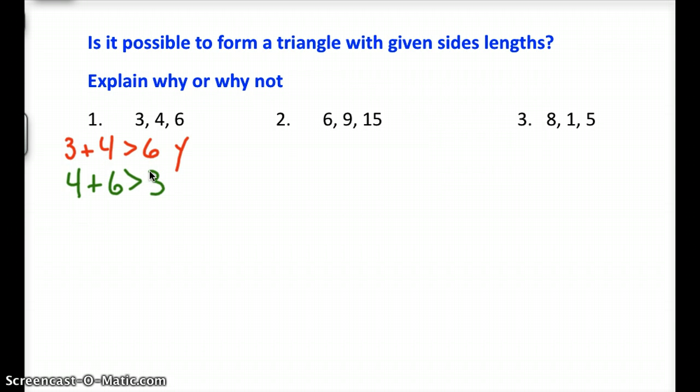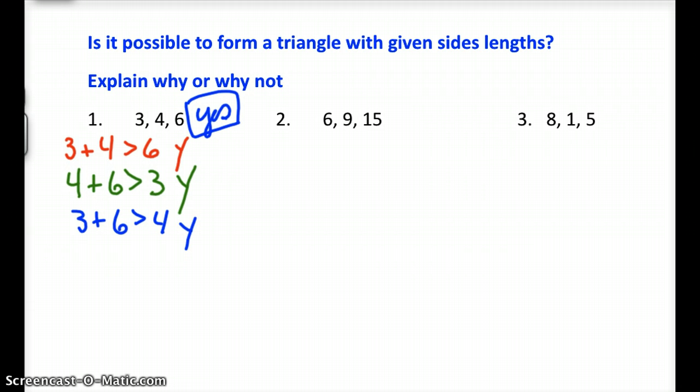Is 10 greater than 3? Yes. Now my last one, 3 plus 6, is it greater than 4? Yes. If I get all 3 yeses, then yes, these measurements will make a triangle. If I get a no, then it will not make a triangle.